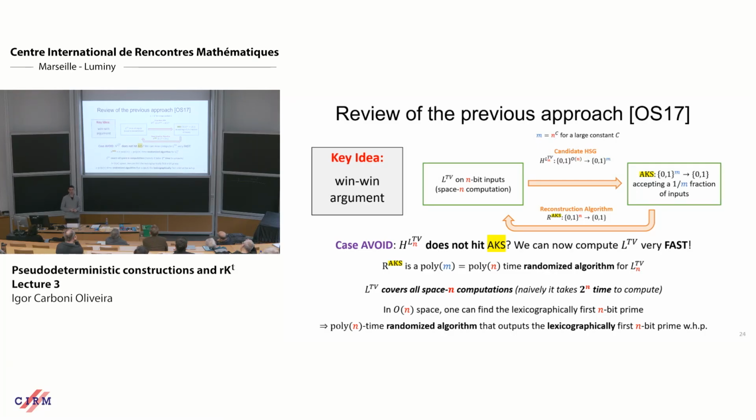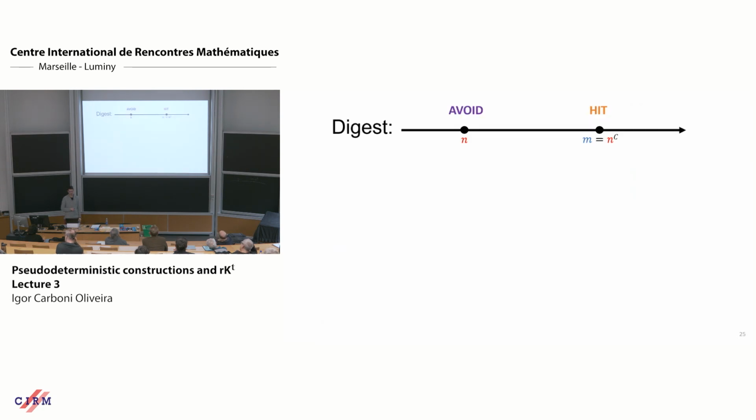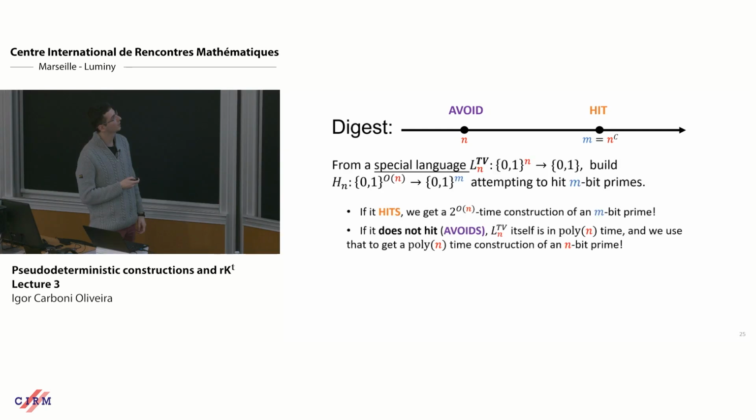More questions about this construction? Okay, so here's a summary again of what we have just done, and that's connected to Bruno's question. So we look at two input lengths, n and n to the c, and we analyze two possible cases, the hit case and the avoid case. So to do that, we fix this p-space complete language.